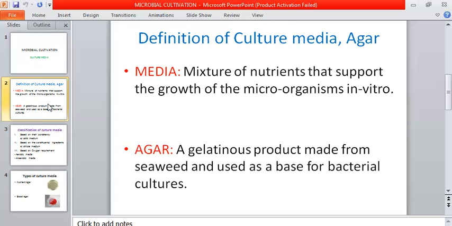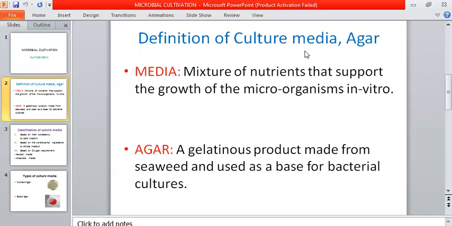And agar is nothing but a gelatinous product made from seaweed and used as a base for bacterial cultures. It's normally added in various percentages so that it gives the solidification, or the solid form, of that particular media.